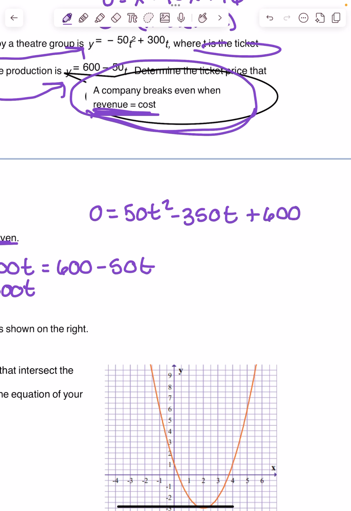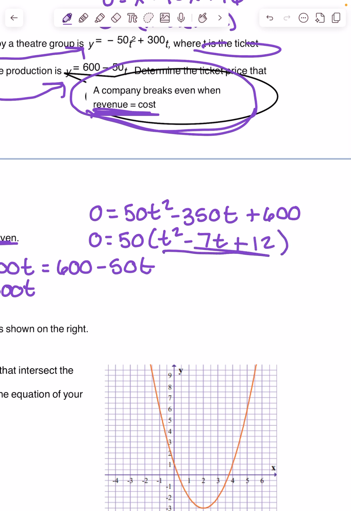Okay, so now we factor. This looks kind of ugly to factor right now, but it's really not too bad because we can take out a GCF of 50. So let's factor out a 50 from every term. And now it looks like t squared minus 7t plus 12.